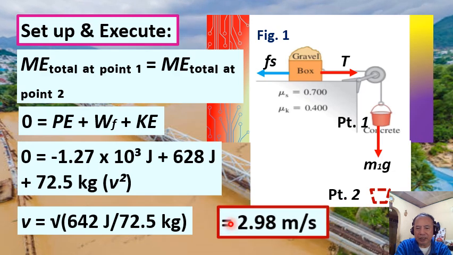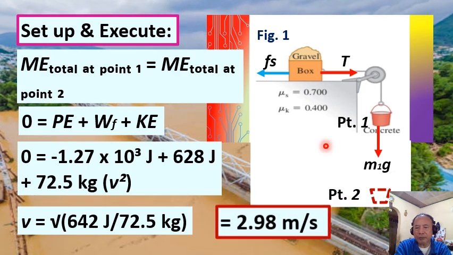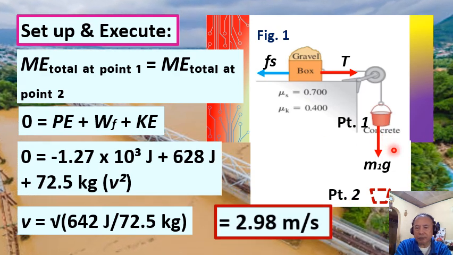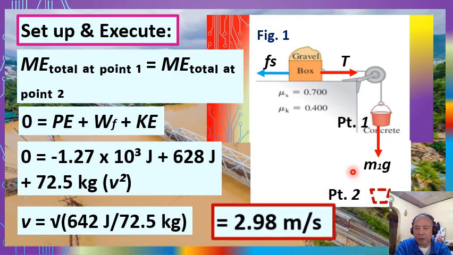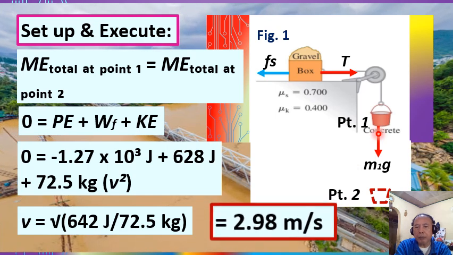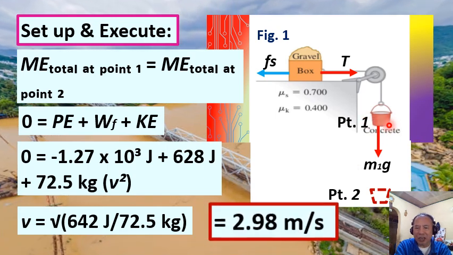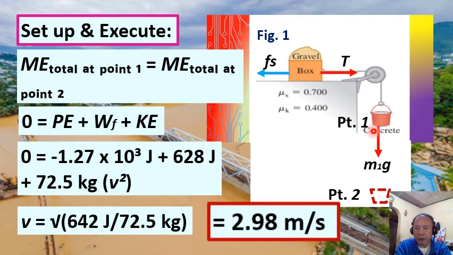So this is the speed of the bucket of concrete when it has descended 2.00 meters below the initial position or from rest.